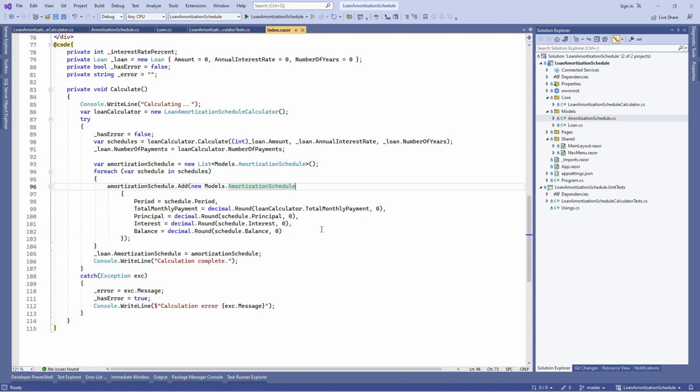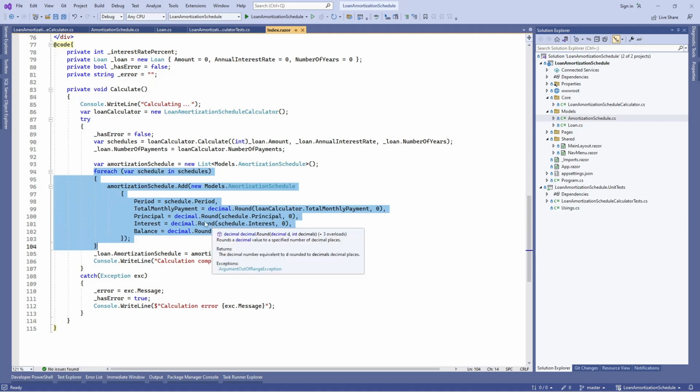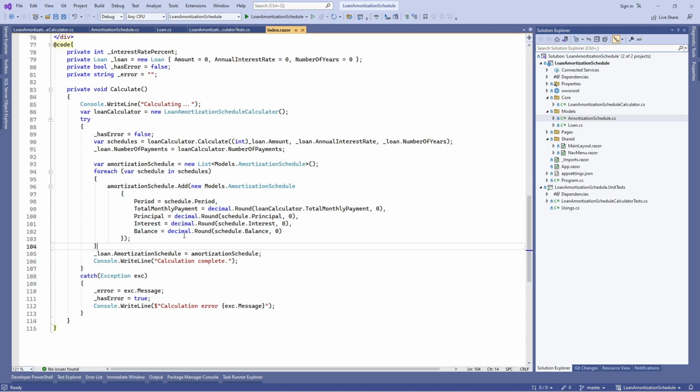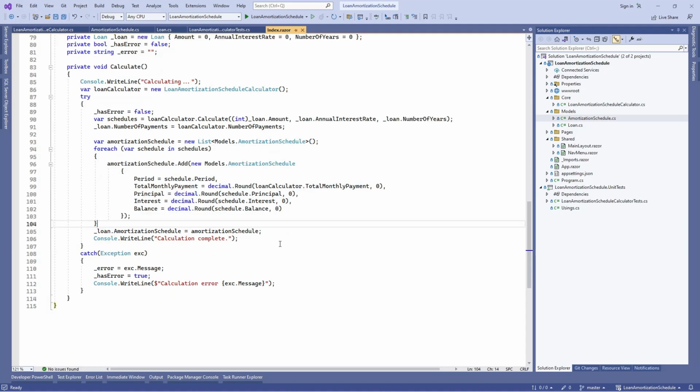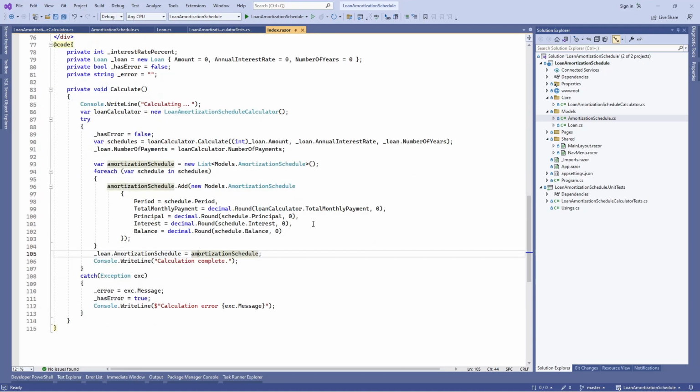Now, after we have done the calculation, we have transformed it into our view model via this for each loop, so that we can do any other type of processing. Then we assign it to the amortization property of our loan object, and that's it.